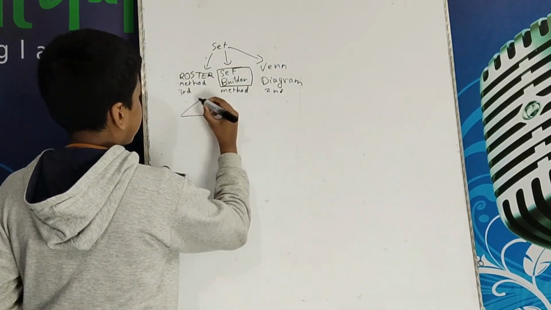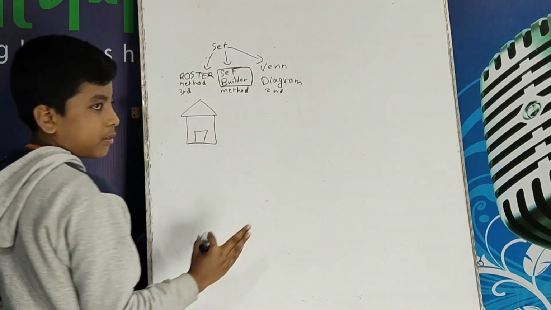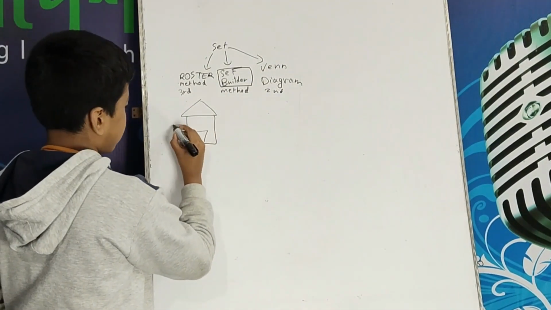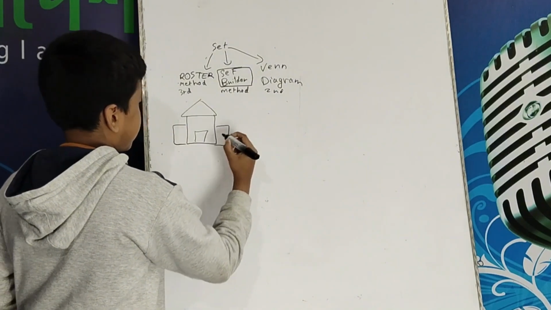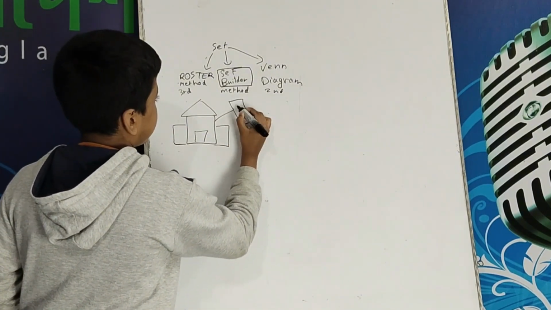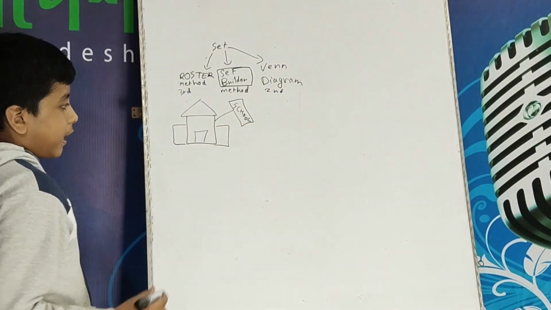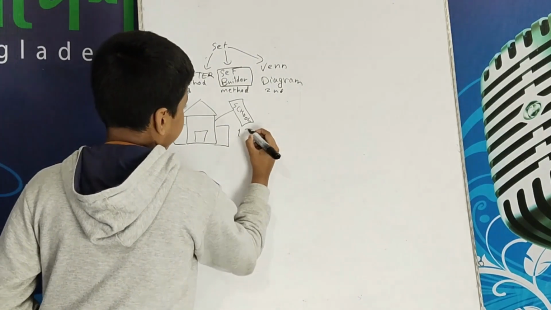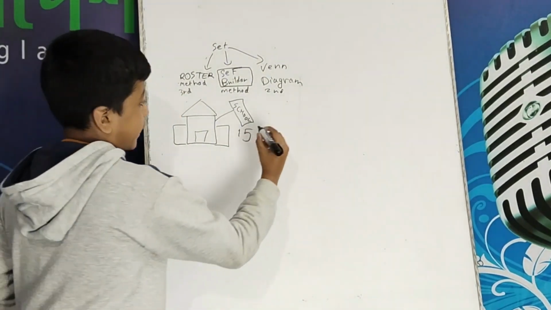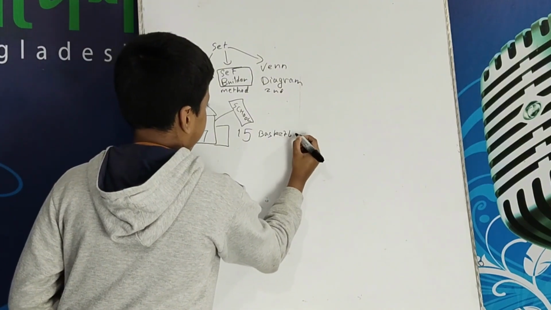Let's say you have a school. Let's say this is the school. I know it looks like a house, so I'm going to add some other buildings here. Cool. This school has 15 students who like basketball. Okay, basketball, pretty popular.